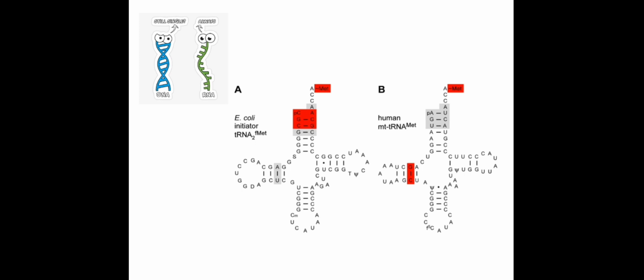But in the case of eukaryotes, you can see the initiator tRNA is also for methionine. Here the A1 and U72 base pair is present, but methionine will be the first amino acid in eukaryotes as well. But in prokaryotes, the C1 A72 base pairing will be missing. So this is the signature of the initiator tRNA.